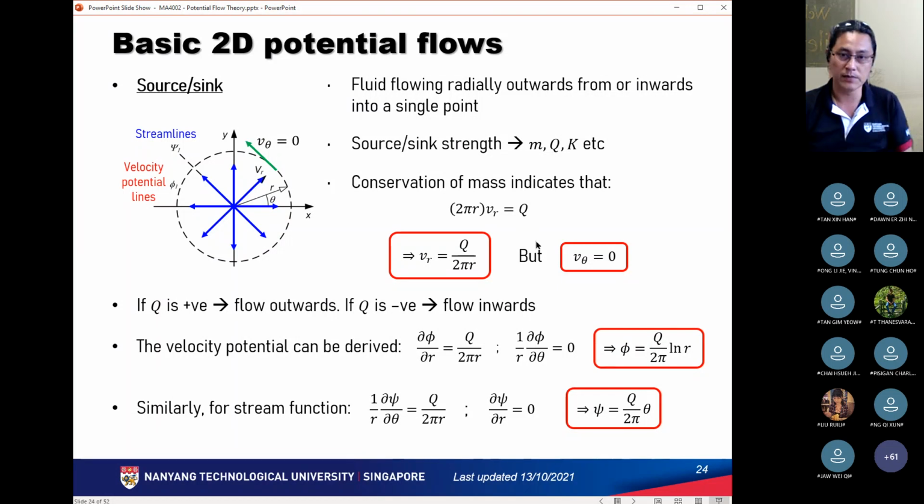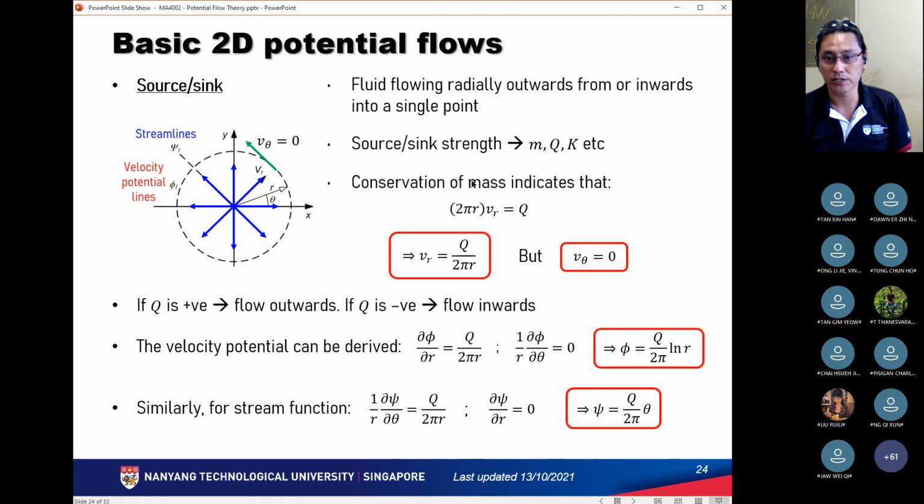Now think about it. If we take the circumference, as mapped out by this dashed line, and multiply by the velocity component in the radial direction V_R, that means we write 2 pi r times V_R, which is nothing but the 2D flow rate coming out from the source.